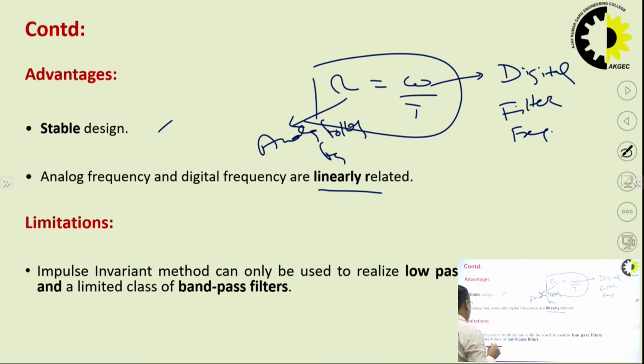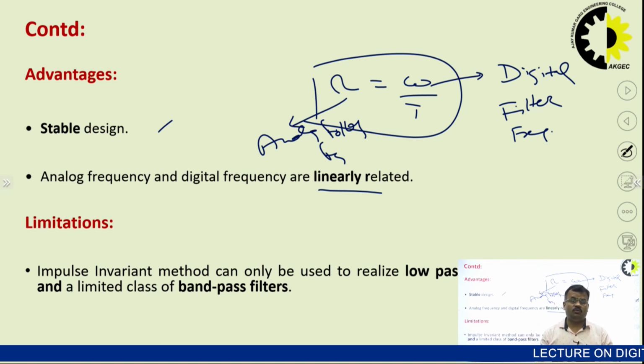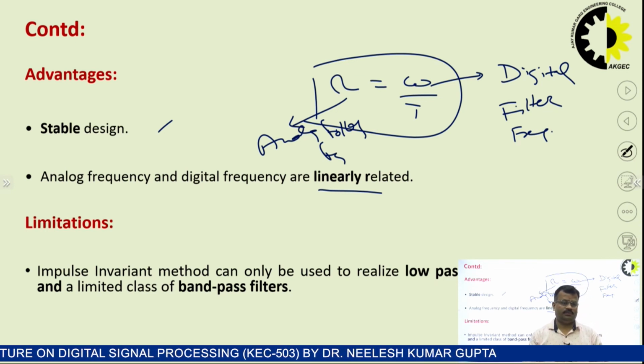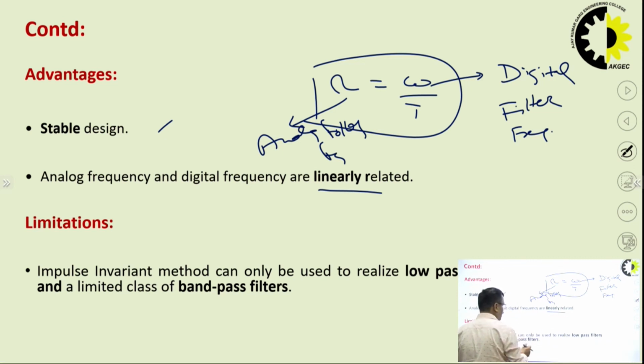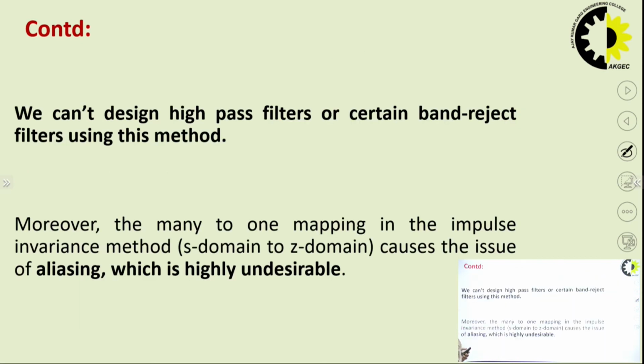Limitation. What I told you initially in this lecture, this method is based upon the many-into-one transformation. Due to this, aliasing will be there. So the limitation is that the impulse invariant method can only be used for designing the low pass filter and some limited class of band pass filter. It cannot be designed for high pass or certain band reject filters. Why?